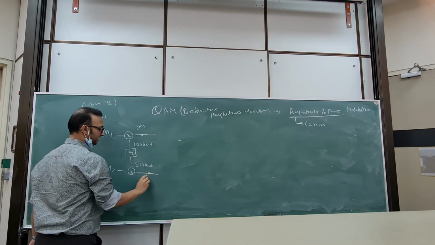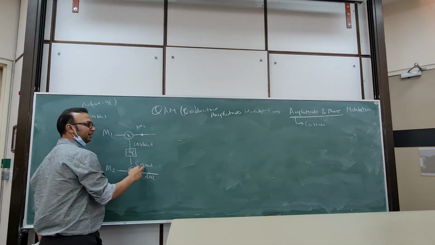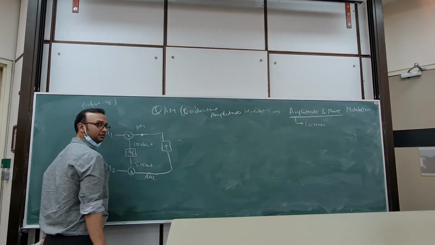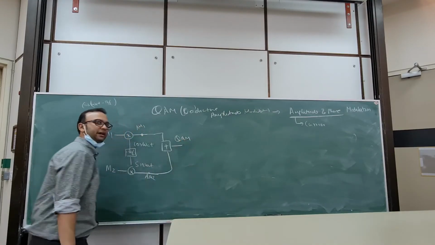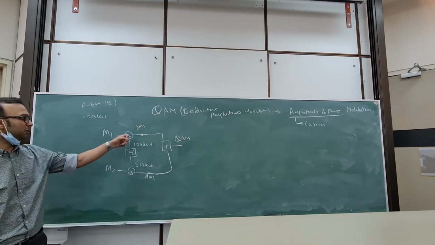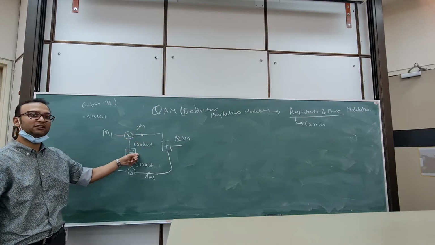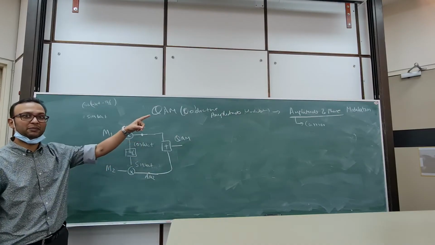This is AM2, which is M2 multiplied with sine omega ct, and both of them are added. And this is called QAM, right? So you are changing amplitude here of the carrier, and you're changing phase here of the carrier, right? This is why it's called QAM, right?